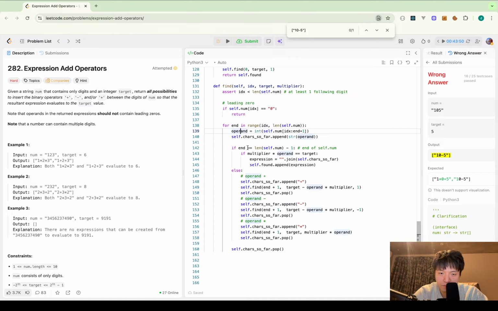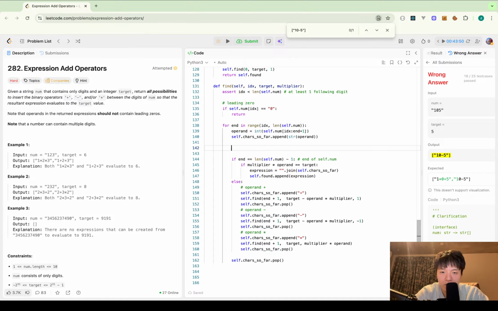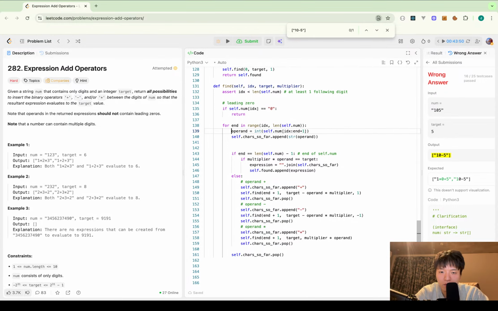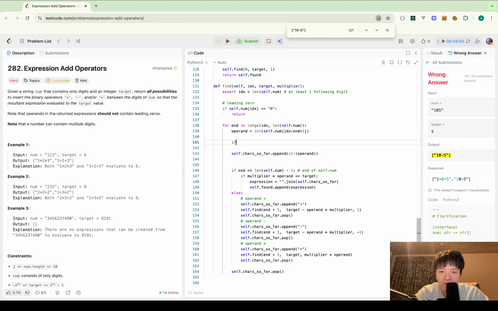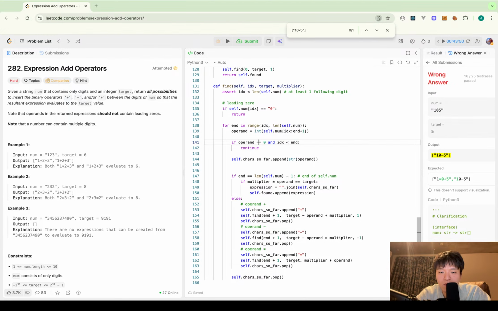So here, if operand is equal to 0 and index is larger than start index, then this has the leading 0, which is not just 0. So in this case, I continue.